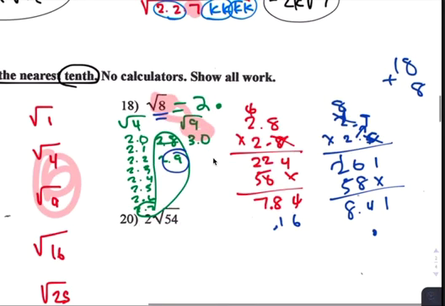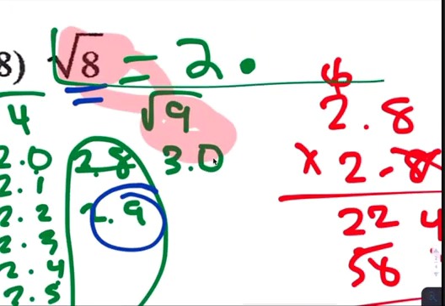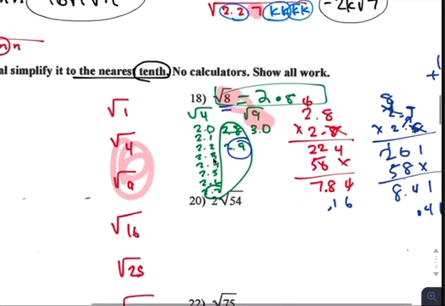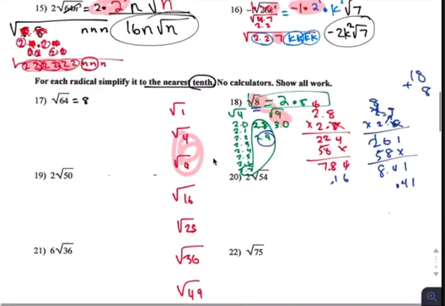This is 0.41 away. So the closer one is 2.8. So the answer then is 2 point. Square root of 8 is 2.8.